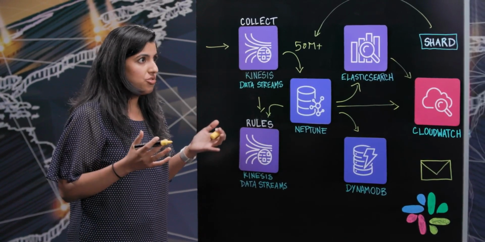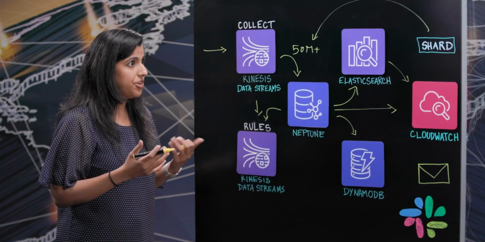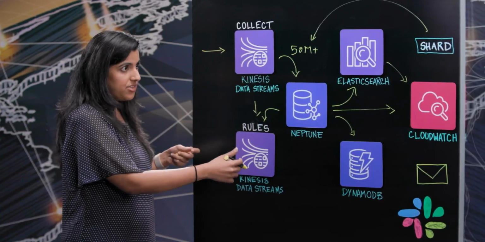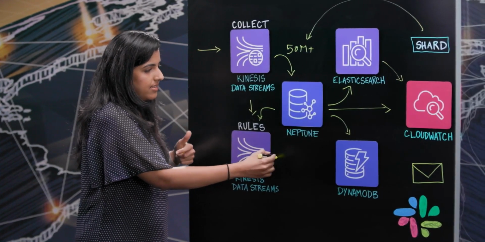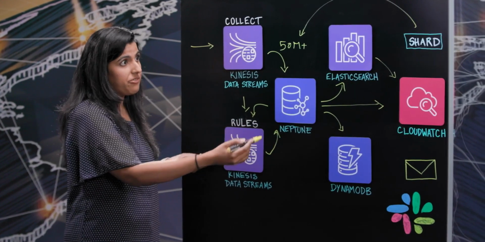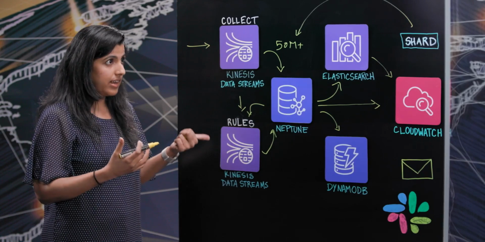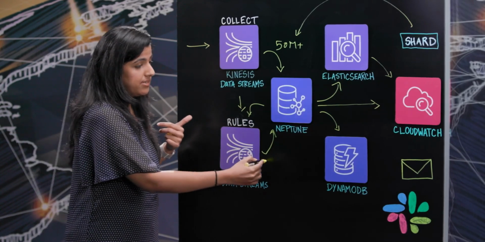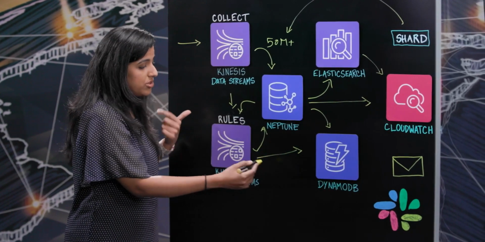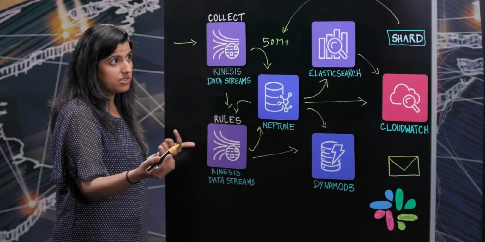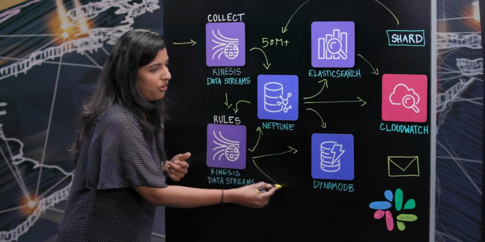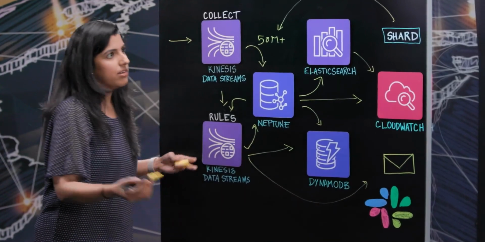And this could be thousands of rules, right, that get executed. So we front it with a Kinesis data stream, and we exercise this over the Neptune graph database to perform those security checks. And if it detects any security violations, those are again persisted in our DynamoDB. And we also provide real-time notifications to our customers through various channels. We have support for Slack, email, Splunk, and the like.